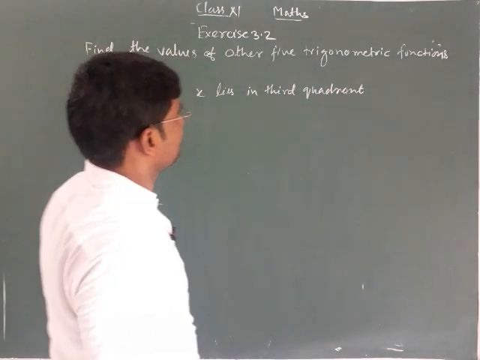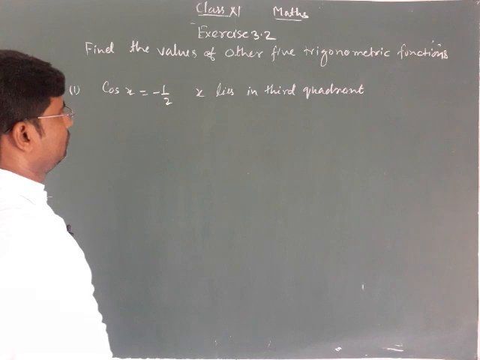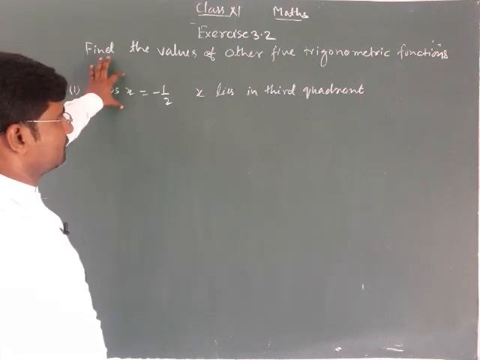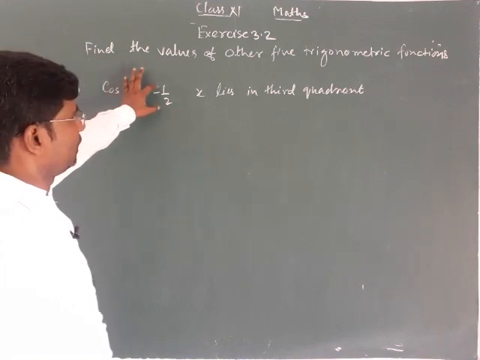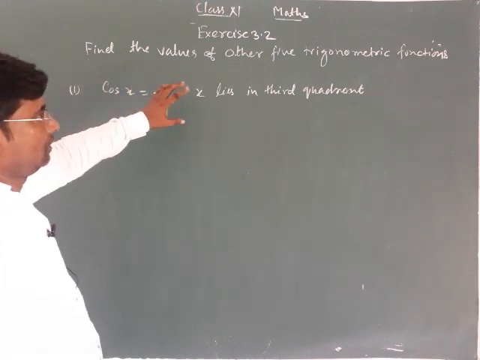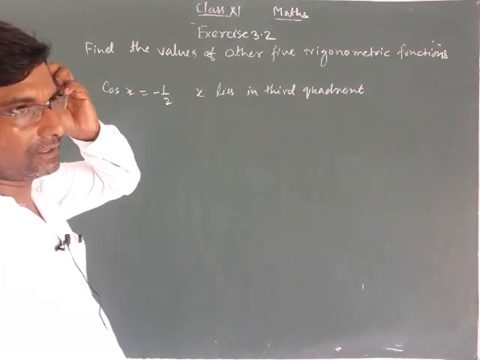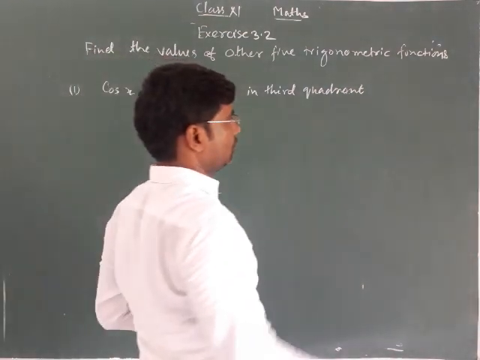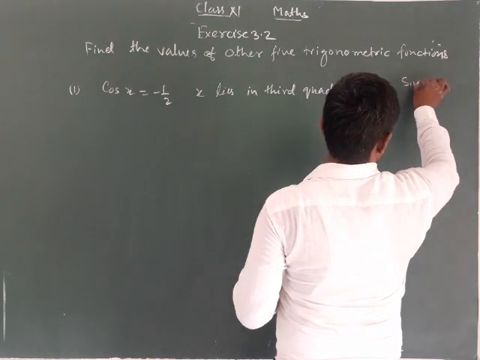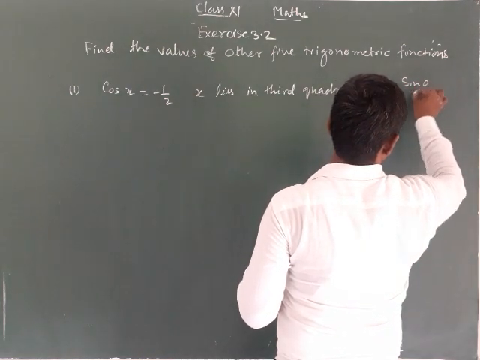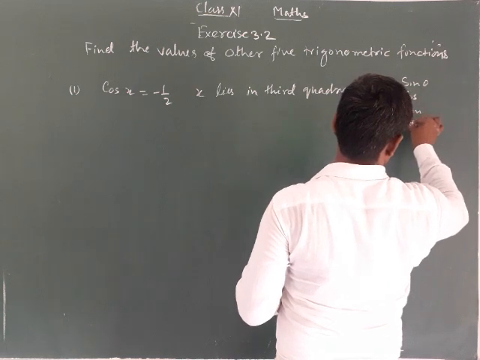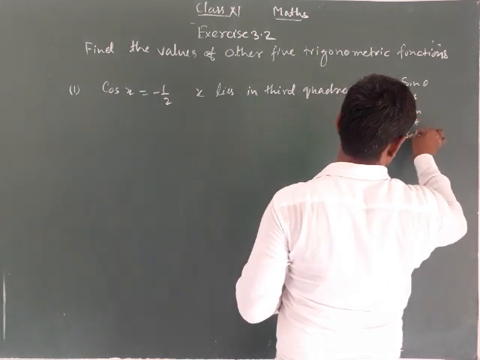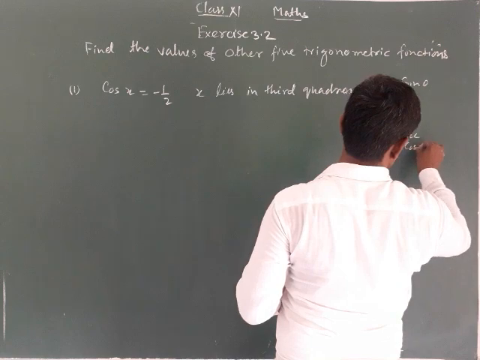So there are 6 trigonometric ratios. In the first part, cos x is equal to minus 1 by 2, and we have to find the other 5 trigonometric ratios: sin, cos, tan, cot, sec and cosec.